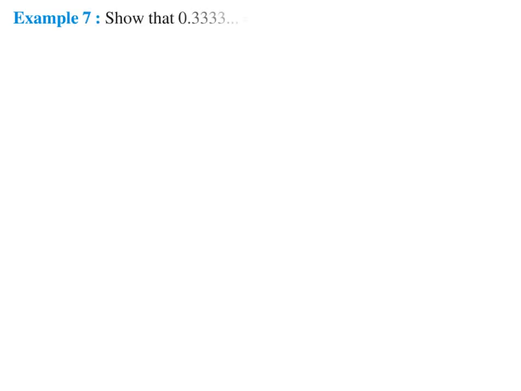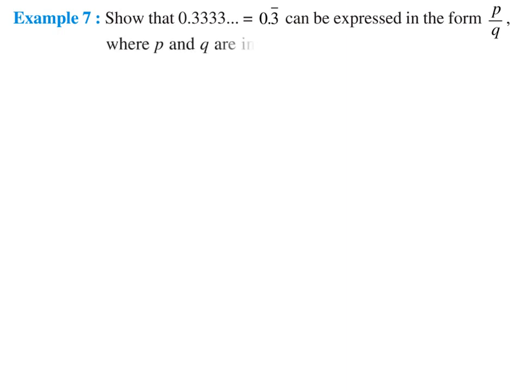Show that 0.333 infinite times, or it can be written as 0.3 bar, can be expressed in the form of p by q where p and q are integers and q not equal to 0. So we have to find the p by q form of a non-terminating recurring decimal expansion.